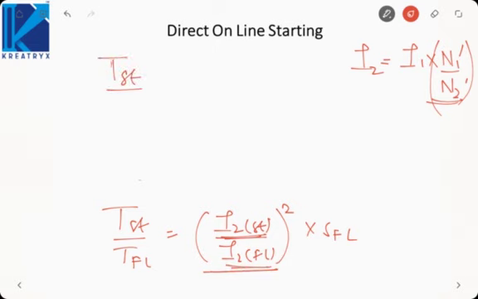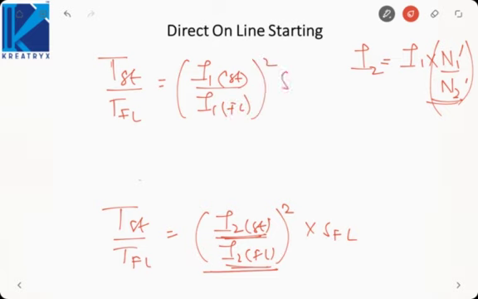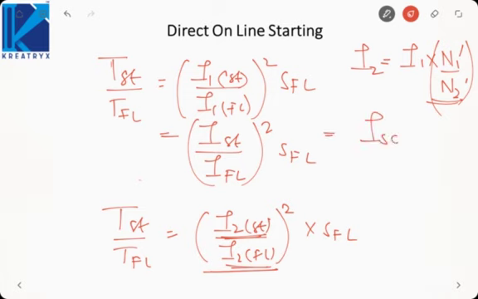So starting torque by full load torque will be I1 starting by I1 full load squared into S full load. It is also written as I starting by I full load squared into S full load. That is the relation between starting torque and the full load torque. And this I starting can be written as ISC, because at starting the impedance is called the short circuit impedance.